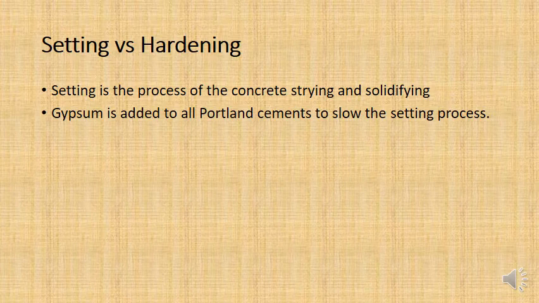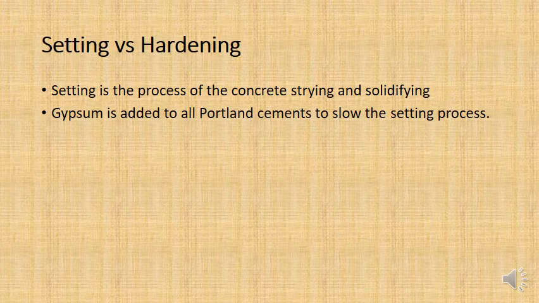So if you remember when we talked about Portland cement, gypsum is added to all Portland cements, just a small amount, about 5%, and this basically acts as a retarder.